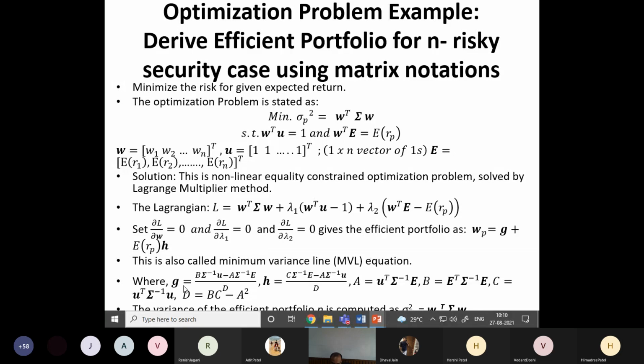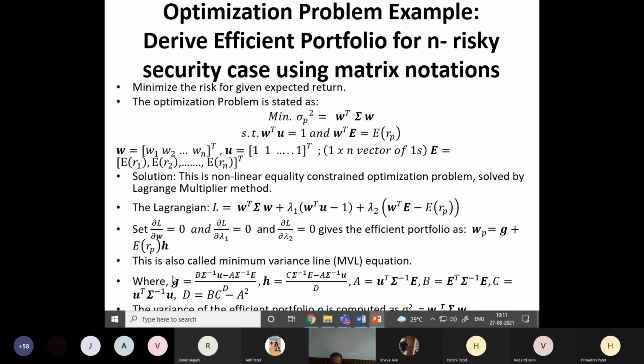G bar is given by this equation, which I have written here, B sigma inverse U minus A sigma inverse E divided by D. And similarly, H is C sigma inverse E minus A sigma inverse U divided by D, where A, B, C and D are constants that depend on U, which is the vector of ones, on sigma, which is the covariance matrix, which is specified, and on E, which is the expectation of individual securities, that is also specified.